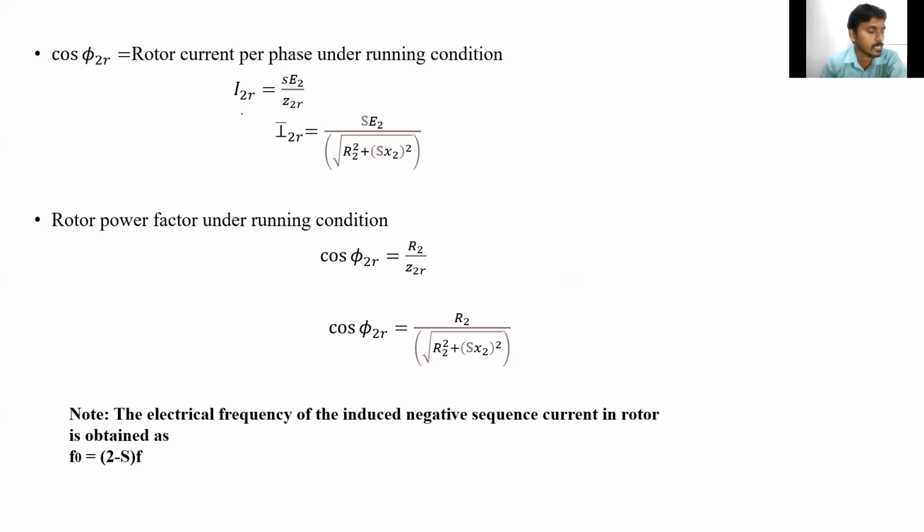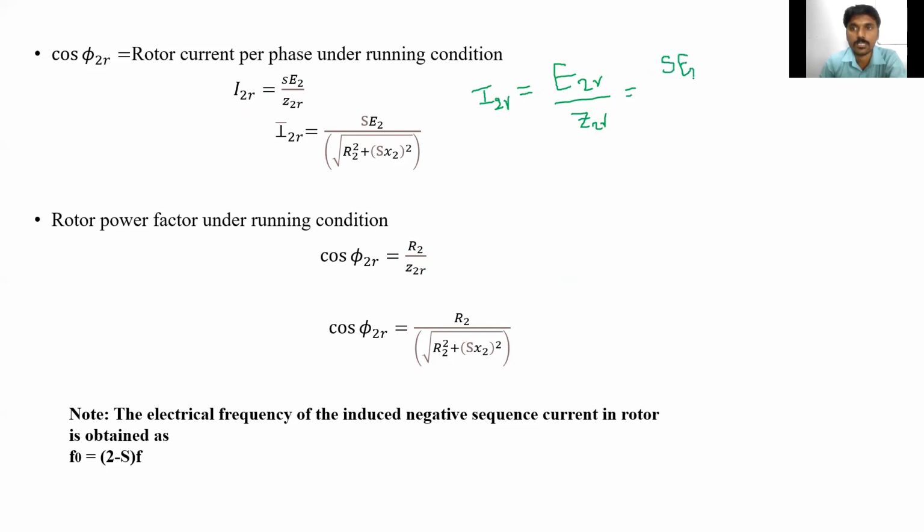So in this way, the rotor current under the running condition is generally E2 by Z, so E2R upon Z2R. But E2R in the running condition is equal to S into E2.